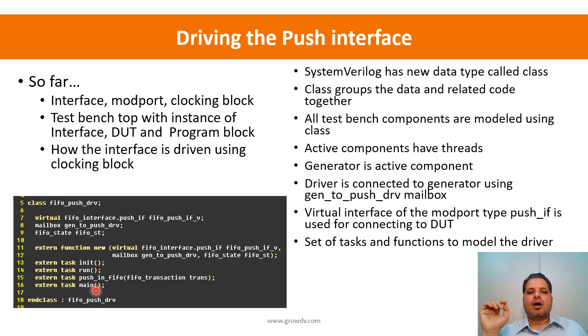So that is the whole idea. Next we will find out where this class is getting instanced, how this information is getting passed, and how the threads present in this class get launched. We will find that out further.